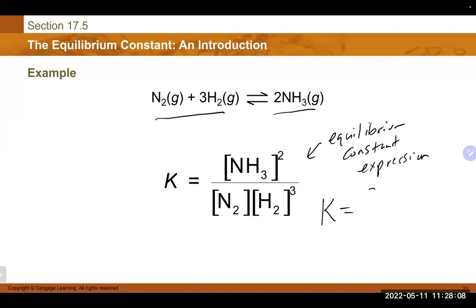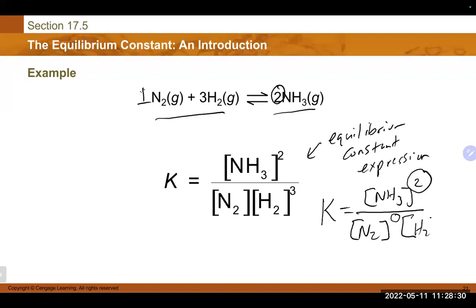Our product is the concentration of NH3, and the coefficient there is 2, so that is where the 2 comes from. Divided by the concentration of N2. The coefficient here is 1, which is why we don't put anything there; it's assumed to be 1. Times the concentration of H2 to the third power, because the coefficient there is 3 in this particular case.